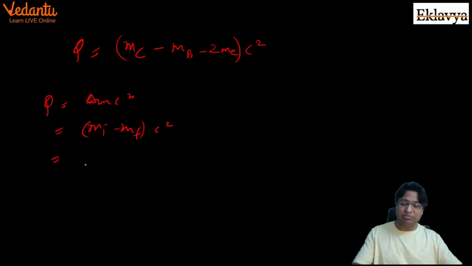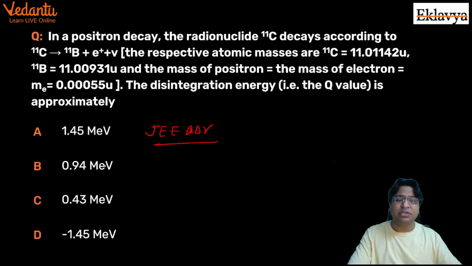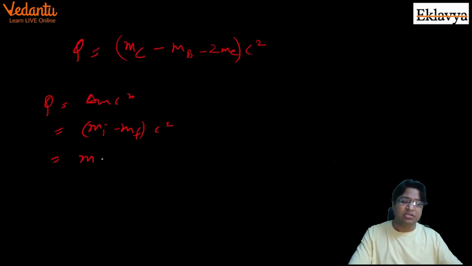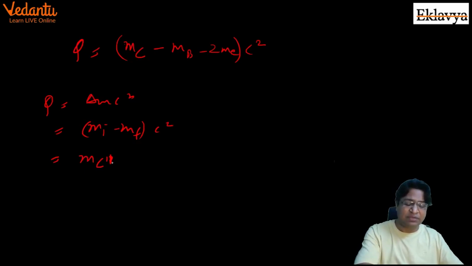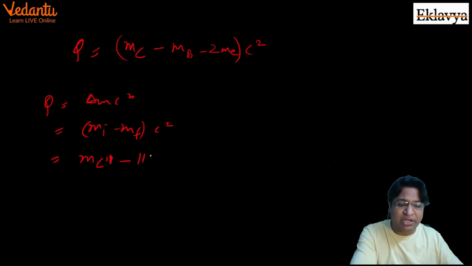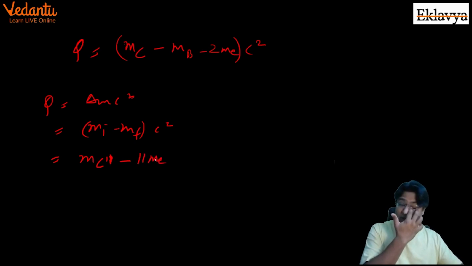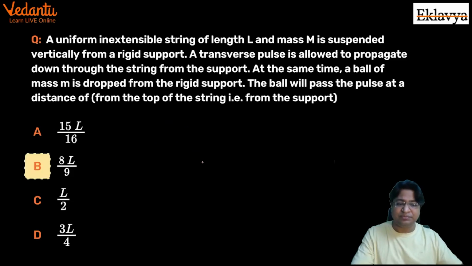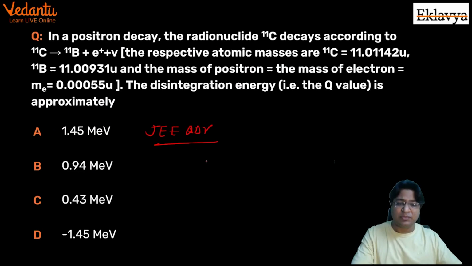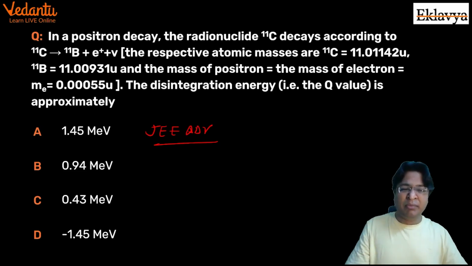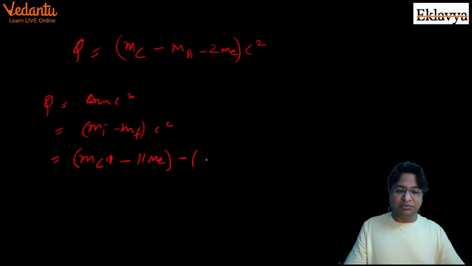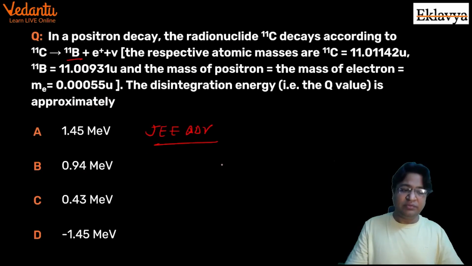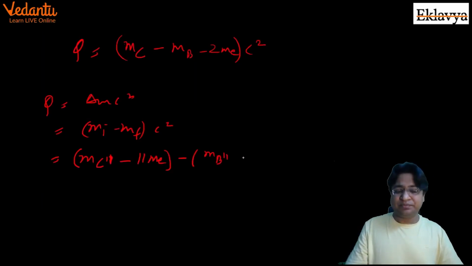The initial mass would be mass of C11 atom minus 11 times the mass of electron. So that is the mass of C11 nucleus. In a similar manner, the mass of boron would be mass of boron atom, which is again 11, but minus 5 me.